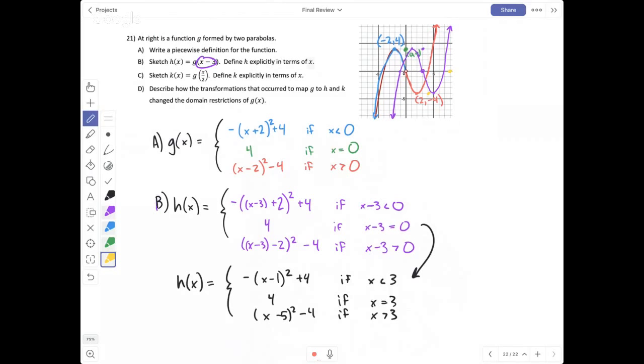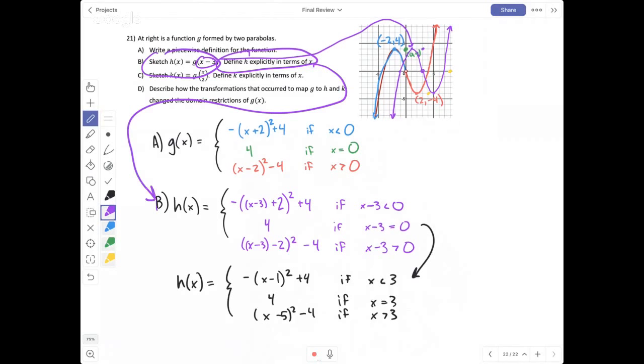Do you need to write the functions too on the test for B and C? So sketch h of x, Tomas, was what I did here. Define h explicitly in terms of x is what I did here. Hopefully that answers your question.